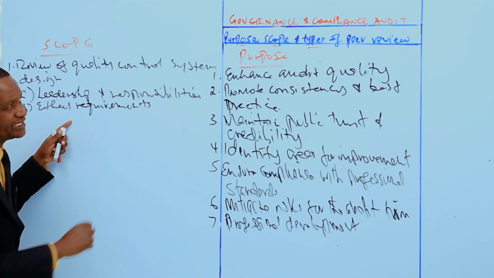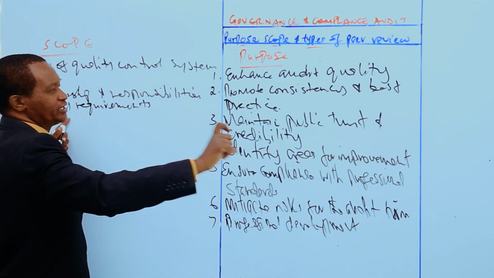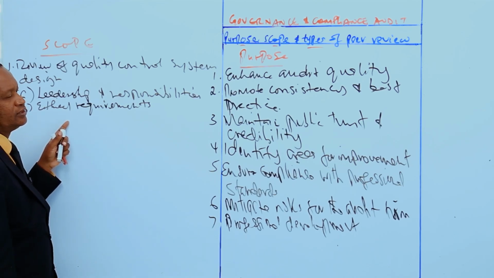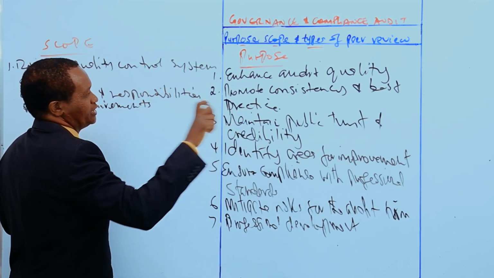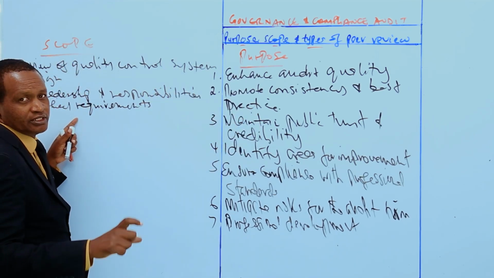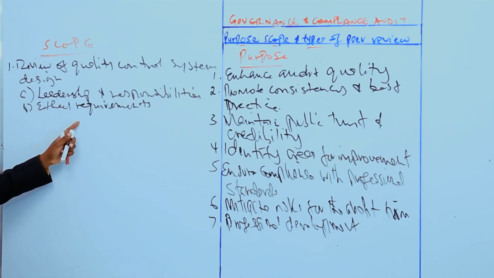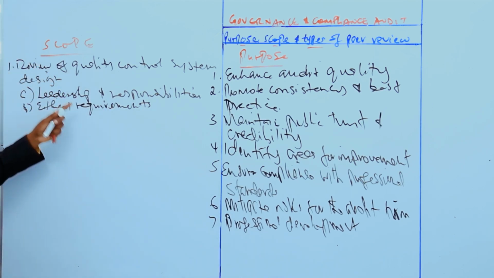Because remember, here we are discussing peer review, which you've said is the audit of the auditors. So as much as the auditor examines the audit company in relation to these ethical requirements, the auditor is also required to adhere to certain ethical standards. And when carrying out a peer review, that is also part of the scope, ethical requirements.